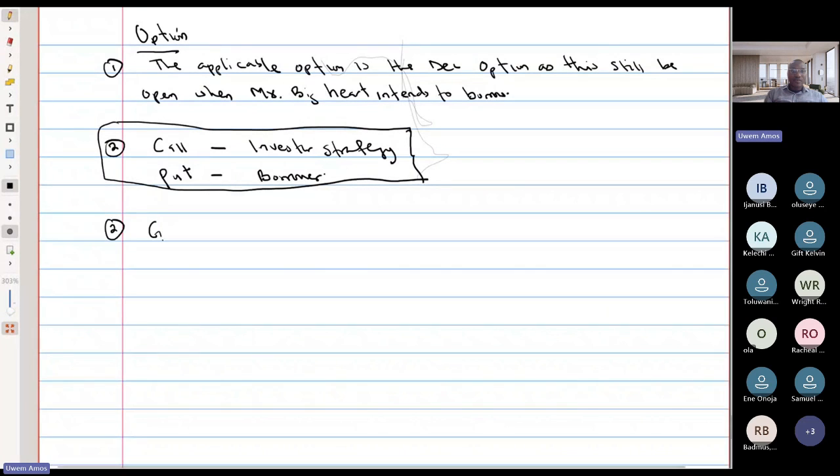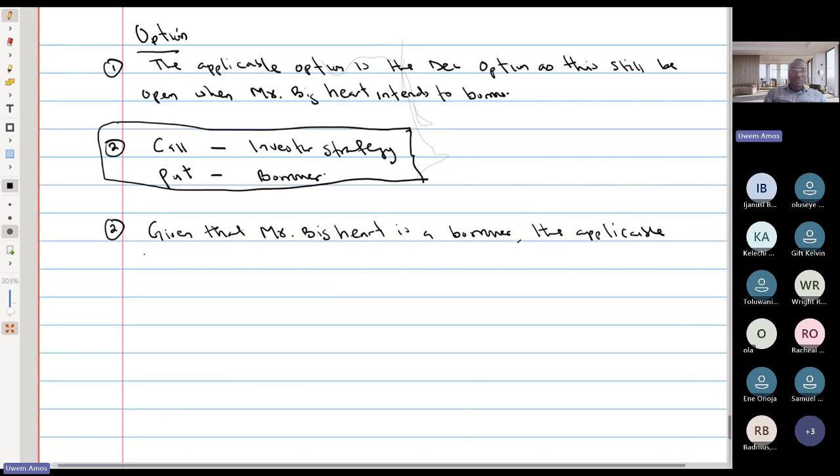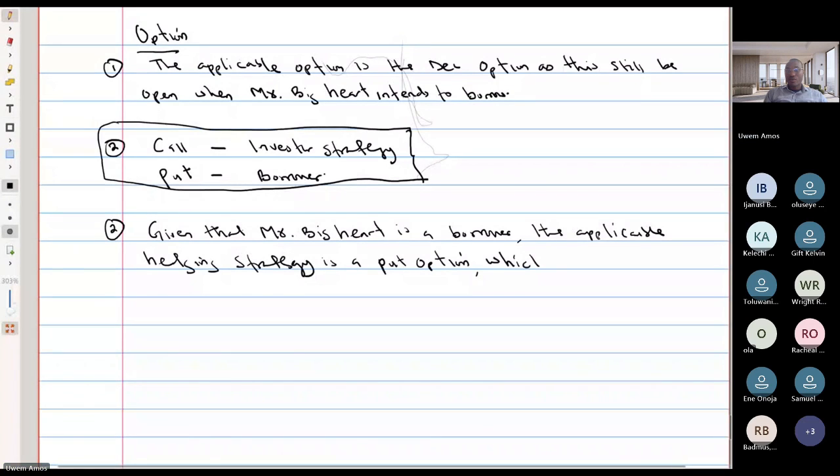Okay, so we can put this: given that Mr. Big Heart is a borrower, the applicable hedging strategy is a put option, which is the right to sell the December options.